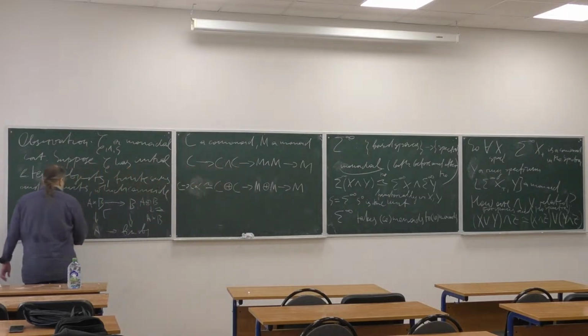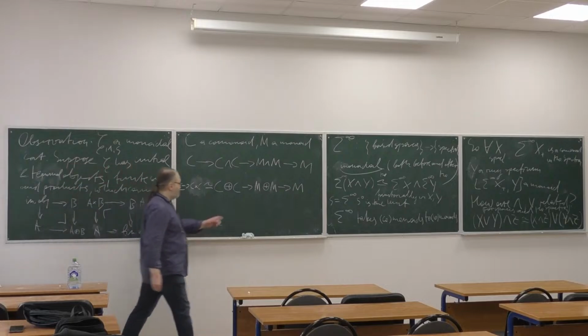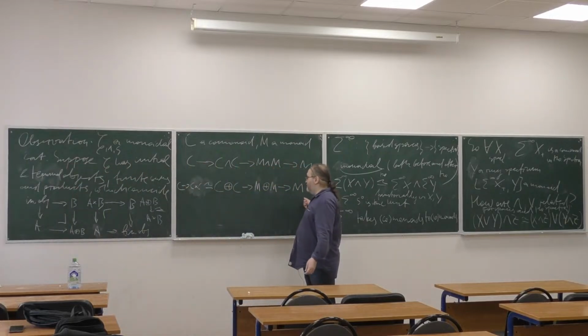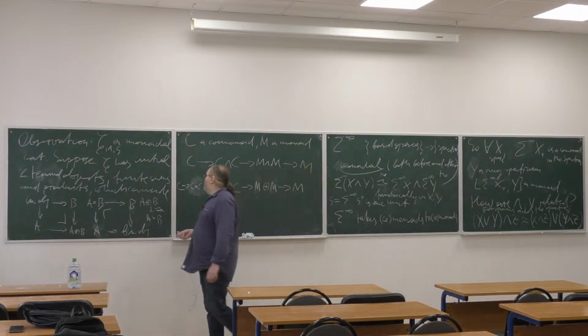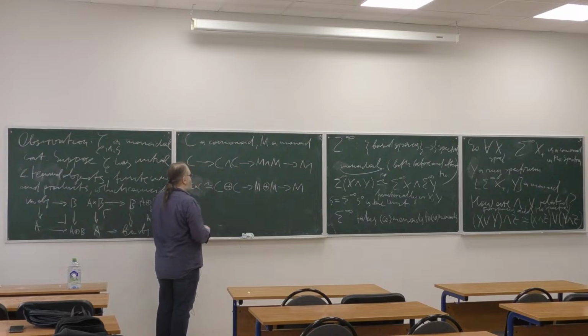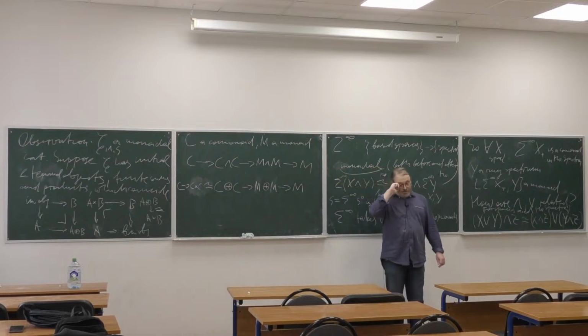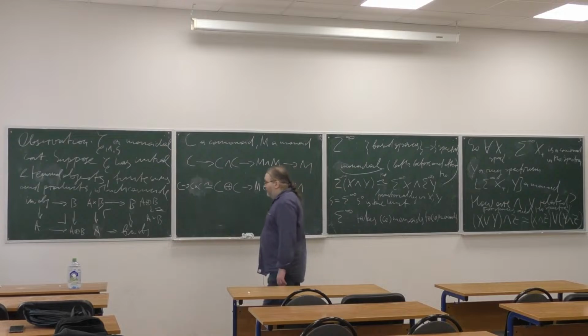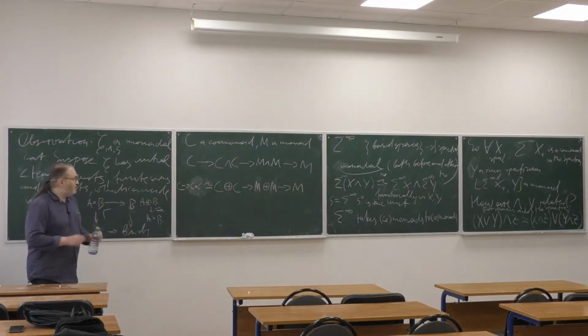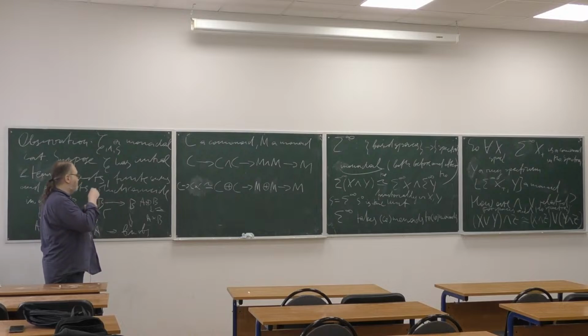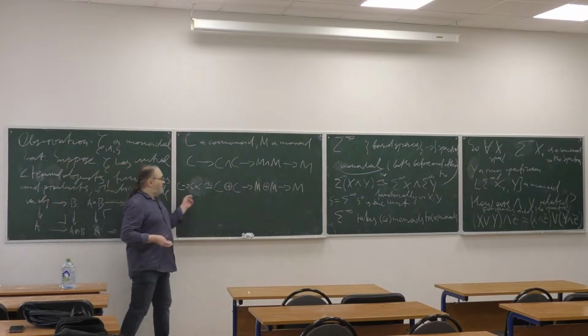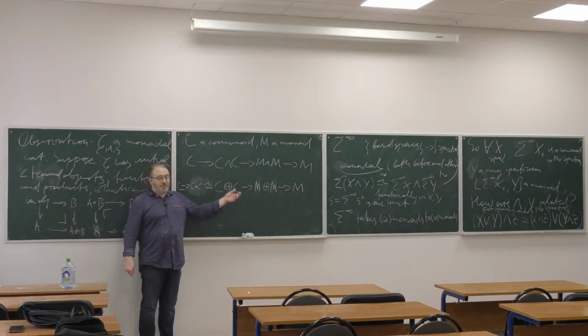So I get a map from M plus M to M. So this map exists just again for every M. Okay, so I have two operations on the maps from C to M.